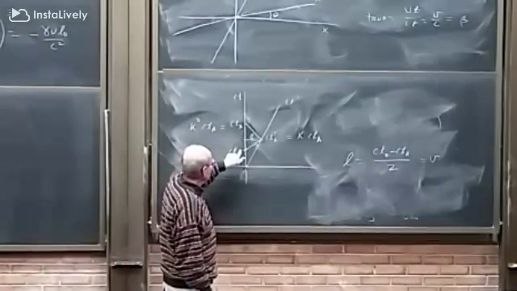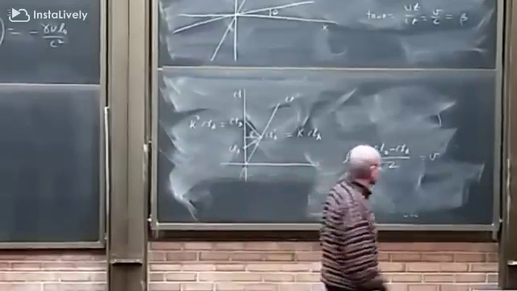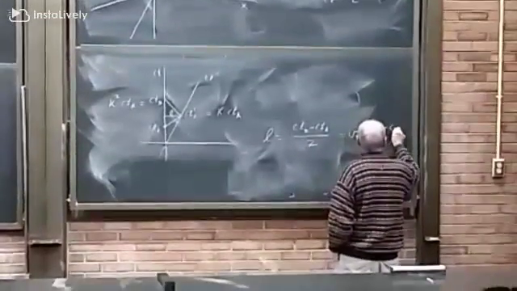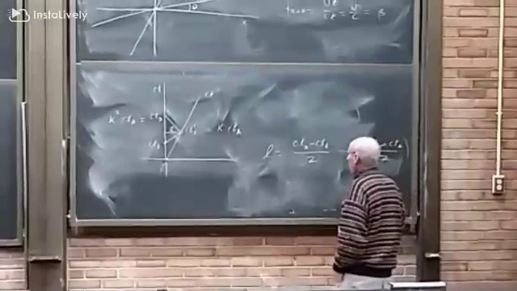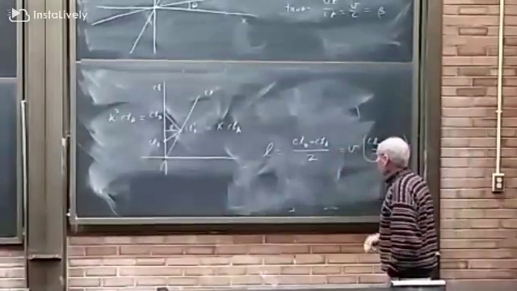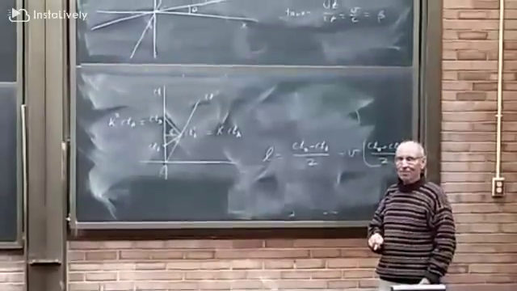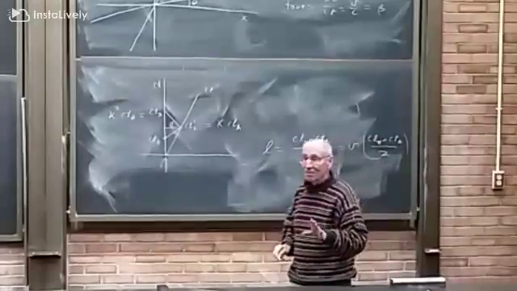So it is CTB plus CTA divided by 2. So I must have this equal to that. Everybody following?